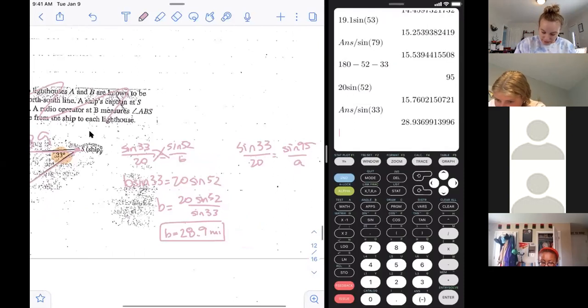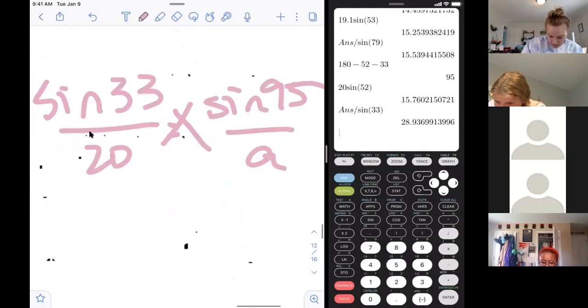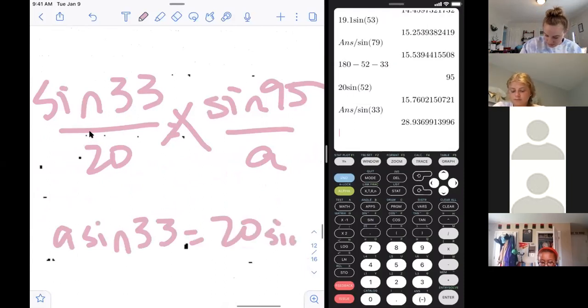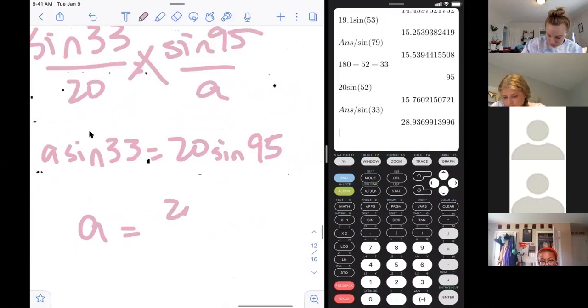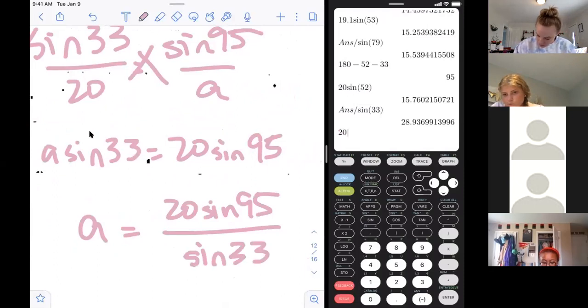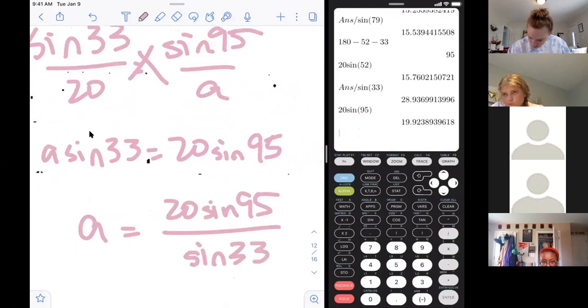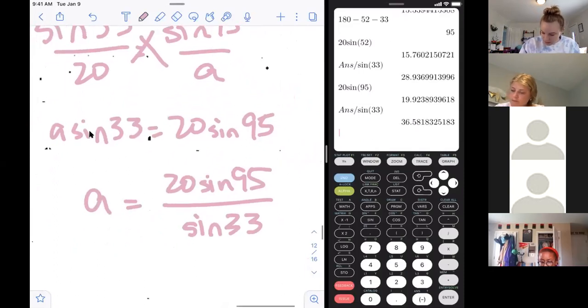And then the last one, to find little a: a sine of 33 equals 20 sine of 95. Divide by sine of 33, 20 sine 95 over sine of 33. And that equals 36.6.